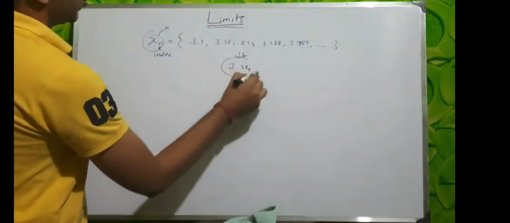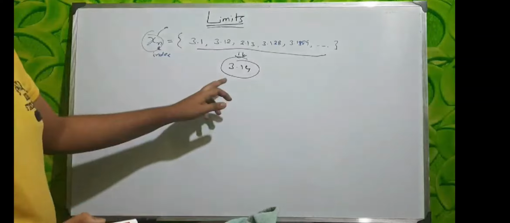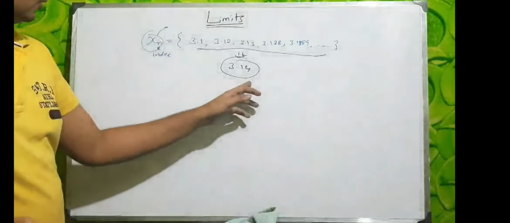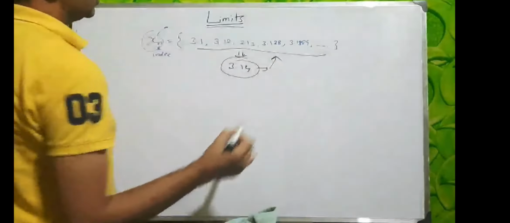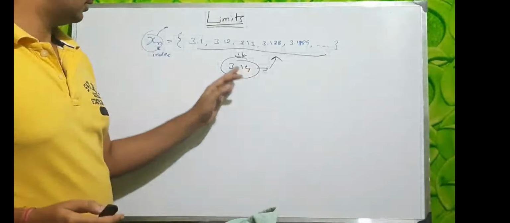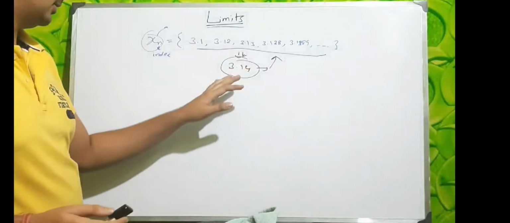That is our limit. Just intuitively we understood that after some point it might be very close to 3.14, and that it's going to be the limit of this sequence, though we don't yet know what a limit formally is.